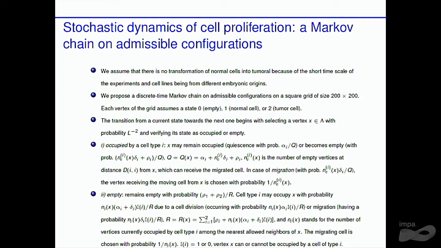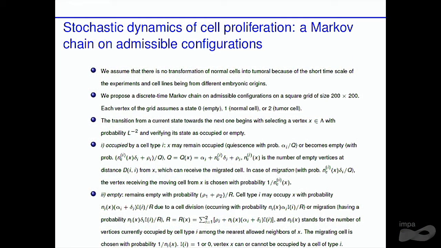Otherwise, if the vertex that we take is empty, it can remain empty just because nothing happened in the grid, or it can receive a cell. This cell can be received because of a cell division from another vertex or a cell migration from another vertex. And again, we make the same consideration that either the division or the migration depends on the total number of cells surrounding that vertex and that can get there.